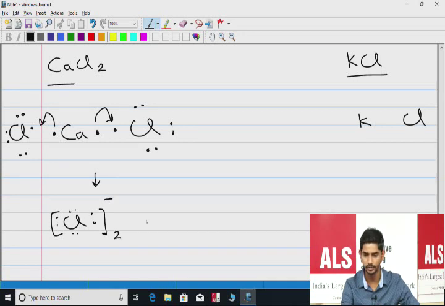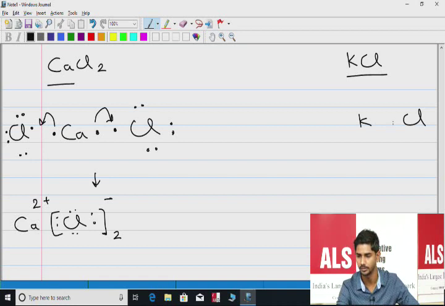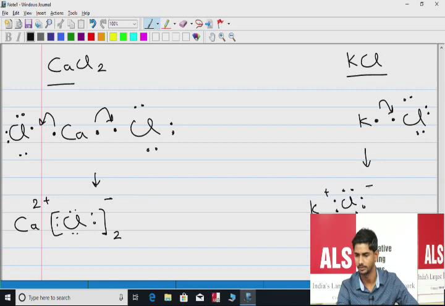There will be 2 chlorines with Ca 2 plus. This can be the representation, and this one was quite simple. It is actually similar to NaCl. Donate this electron to this one. This is K plus, and this is your Cl minus.